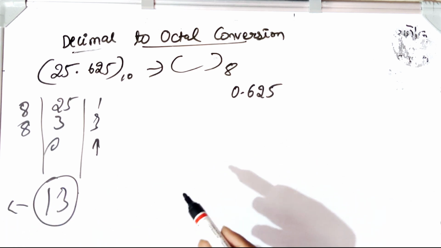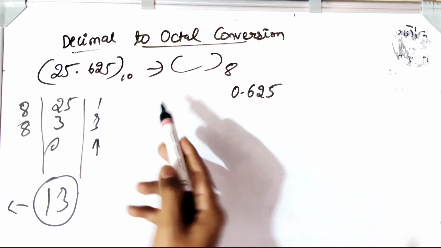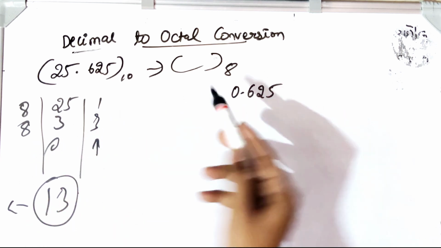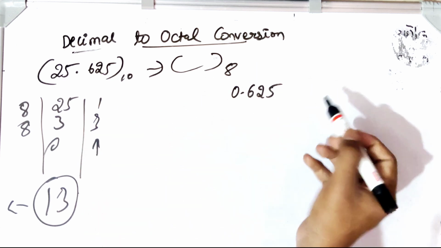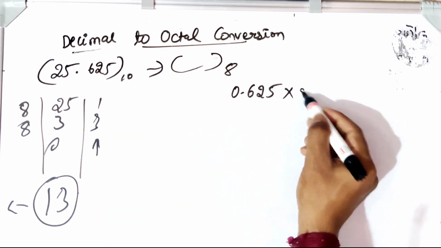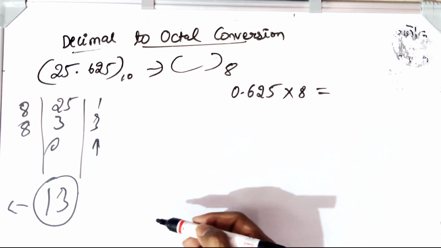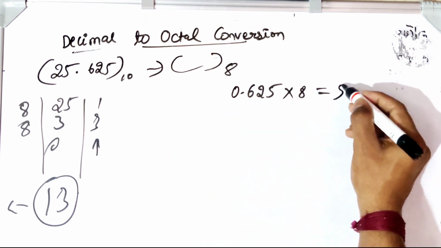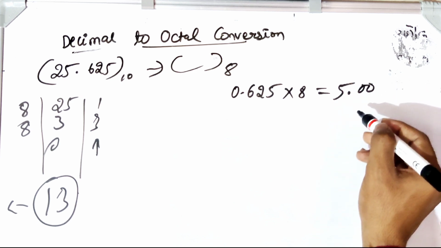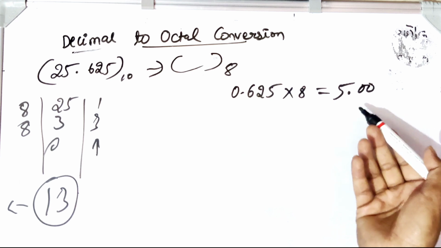So how to convert 0.625? There you divided by 8, the base. Here you multiply with the base, and the base is 8 here. 0.625 into 8 is 5.00.